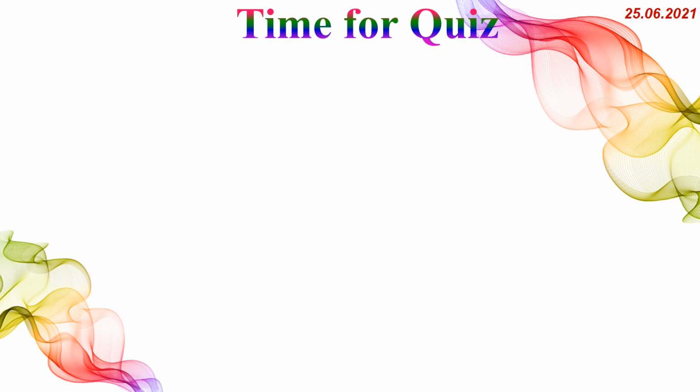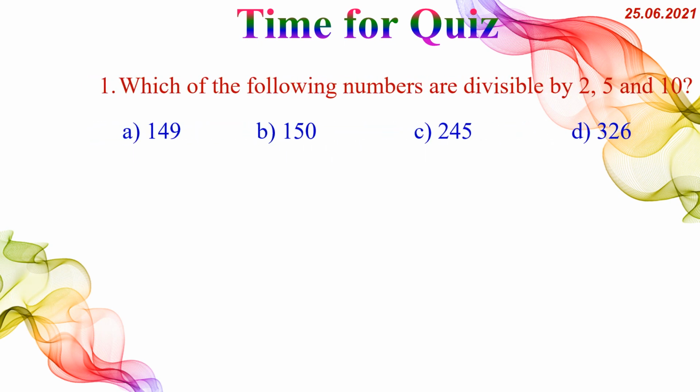Now time for the quiz. The first question: which of the following numbers are divisible by 2, 5 and 10? The given options are 149, 150, 245, 326. So we know the rule. A number is divisible by 2 if the number ends in 0, 2, 4, 6 and 8.